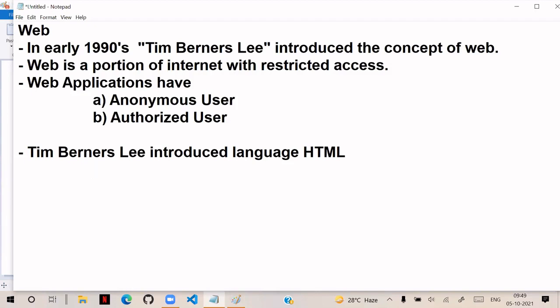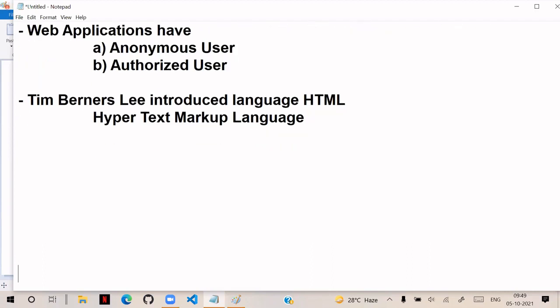Actually, HTML is hypertext markup language. What does that mean? I will tell you. Because our web applications use this hypertext markup language, the term hyper is a Greek term.